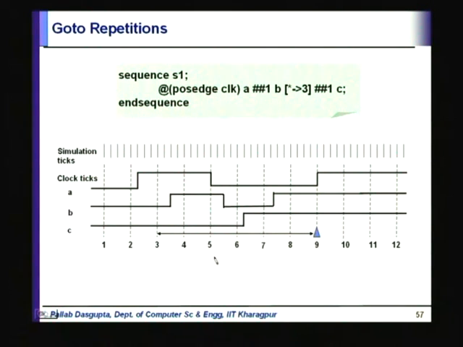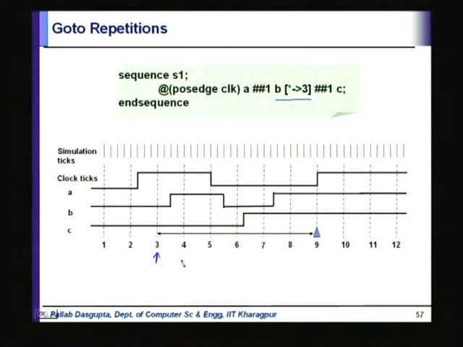So, this is an example which says that instead of B[*3], we have put B with this non consecutive go to repetition. So, let us look at this. A matches here, right.